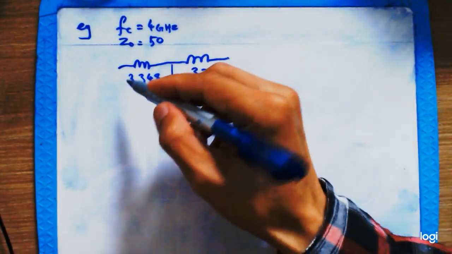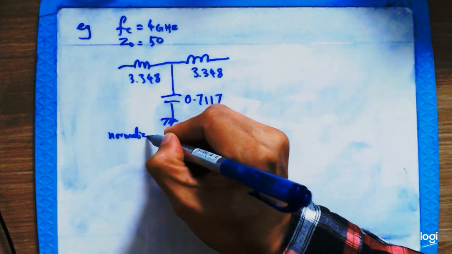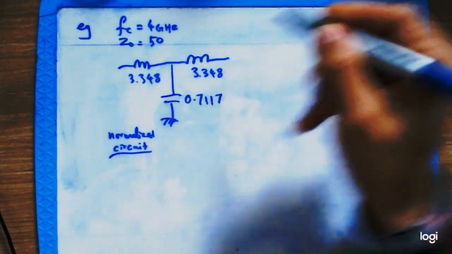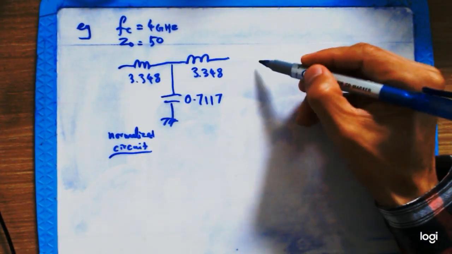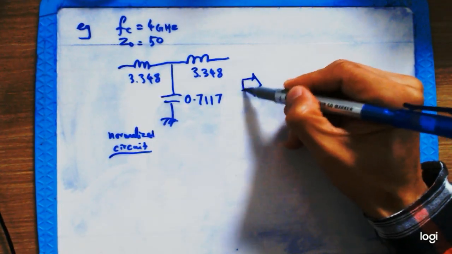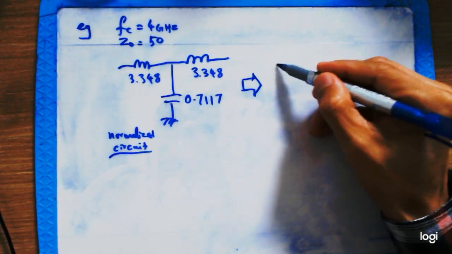So this is the normalized circuit, and we need to find the nominal value.